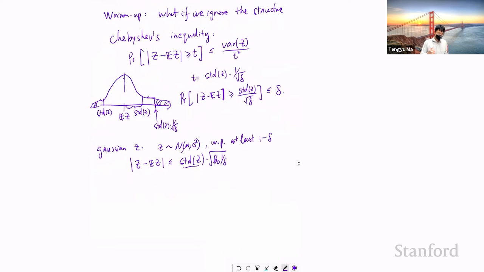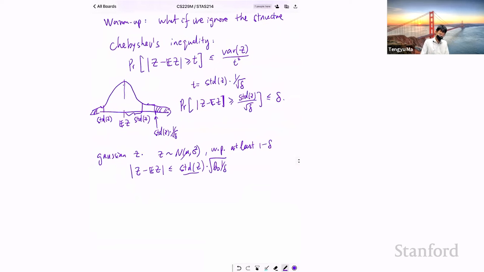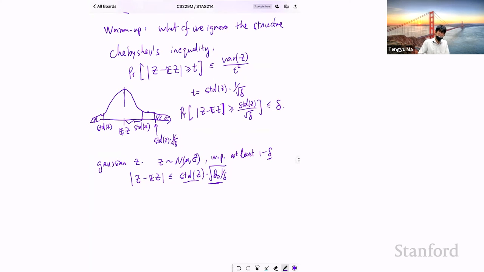So basically, if you have a Gaussian distribution, then for the same failure probability delta, here you have a stronger bound. It's log 1 over delta instead of 1 over delta squared. I haven't proved this for you, but you can do the calculation. In some sense, this is saying that the tail decays faster for Gaussian.